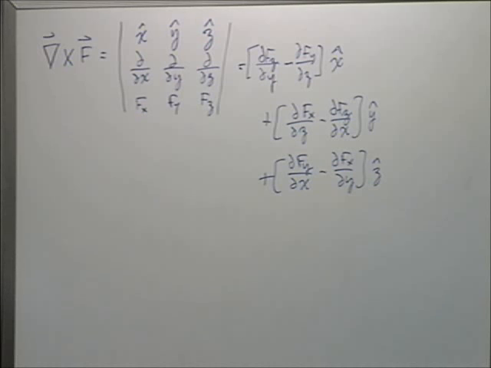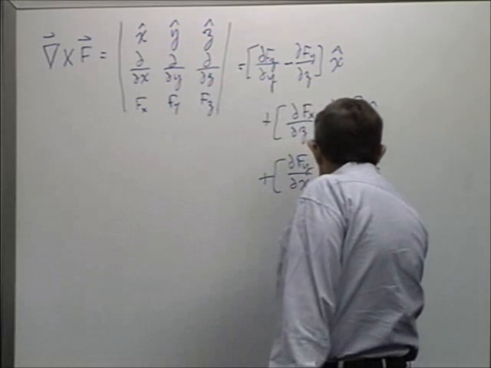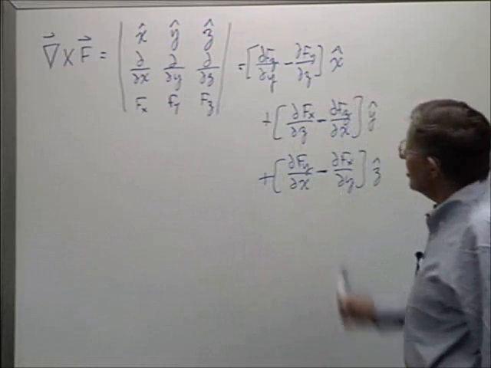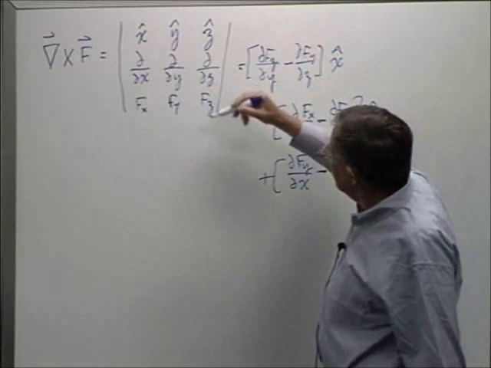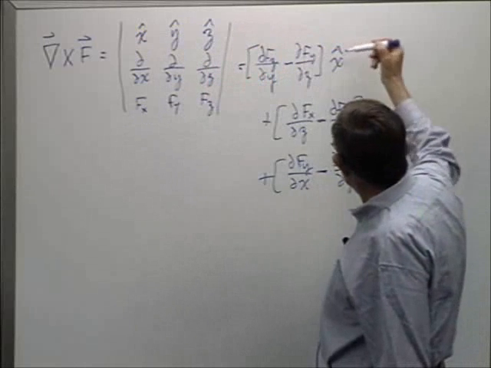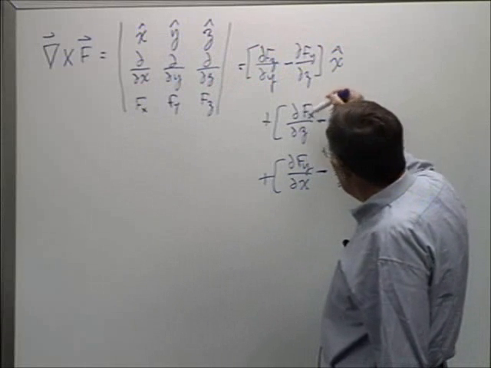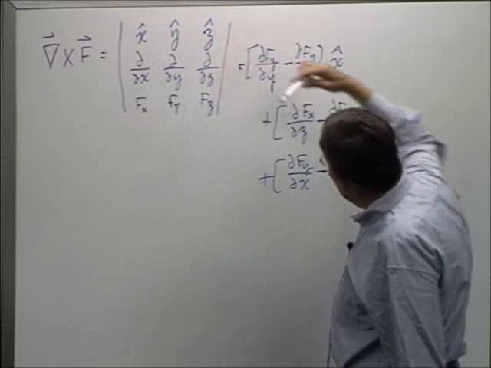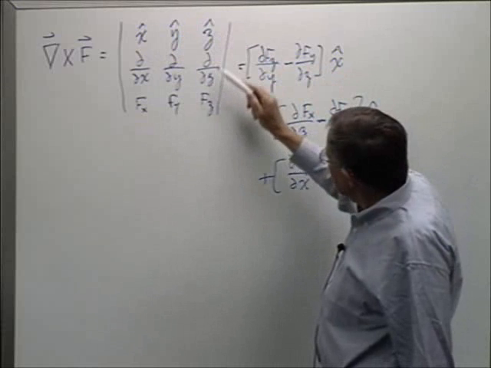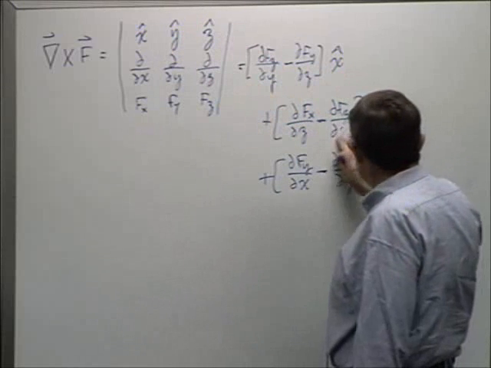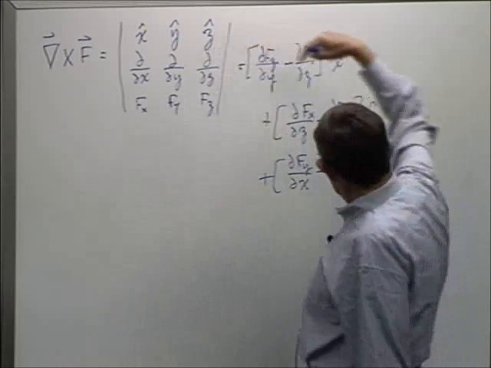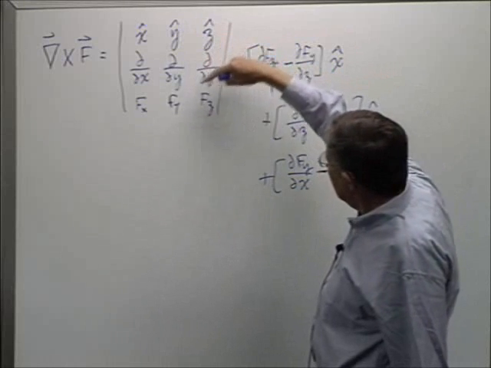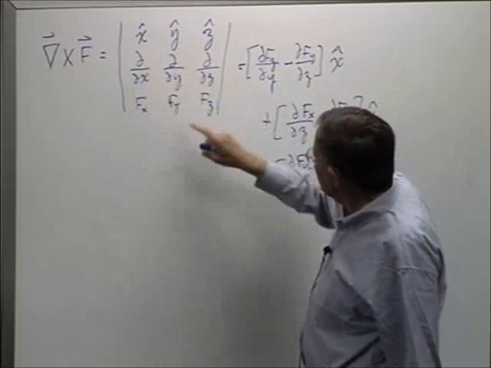Did I make a mistake? Should there be a minus over there for the product? You make sure this way is plus, this way is minus. So the y component is the change with respect to z of fx, and this is the change with respect to x of fz.